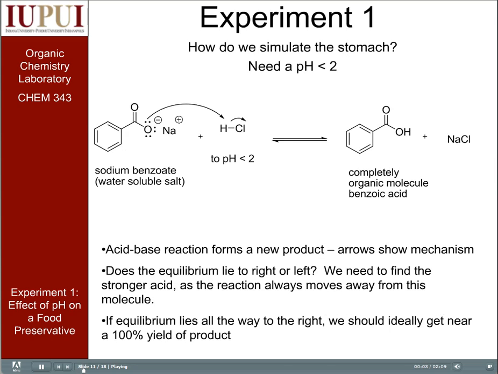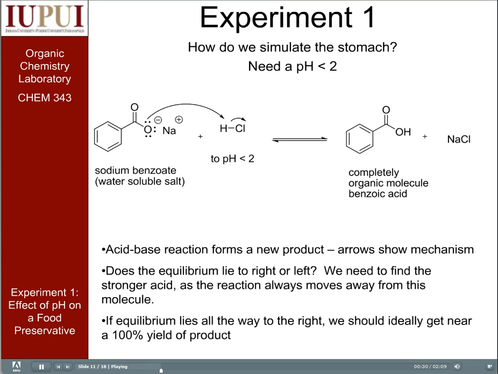In order to get any kind of actual answer to this question, we've got to think about what happens when you ingest sodium benzoate. It goes into the stomach, which you guys probably all know contains HCl. There's a complex system of hydrogen pumps that maintains a certain acidity in your stomach. So the normal stomach is below pH 2, containing mostly hydrochloric acid.